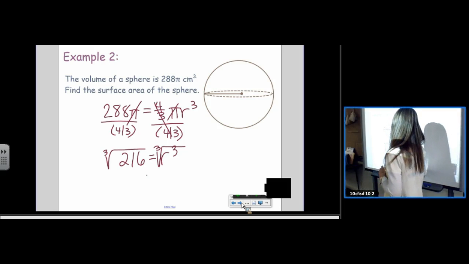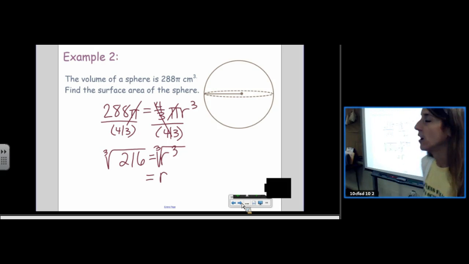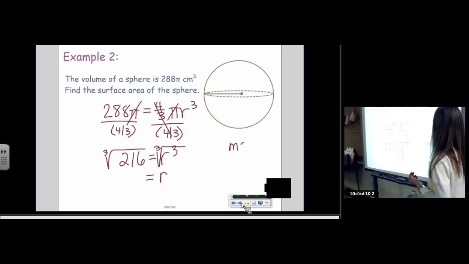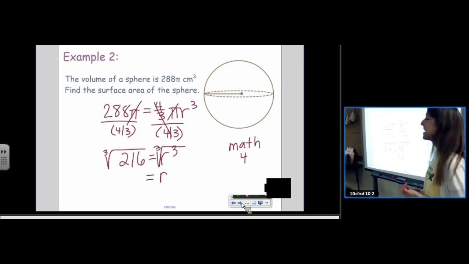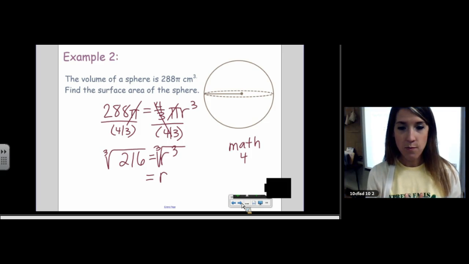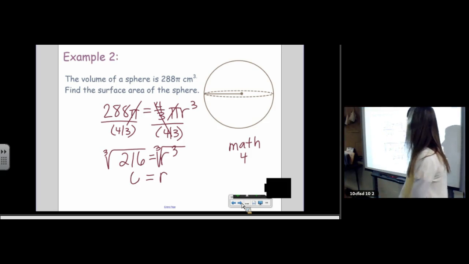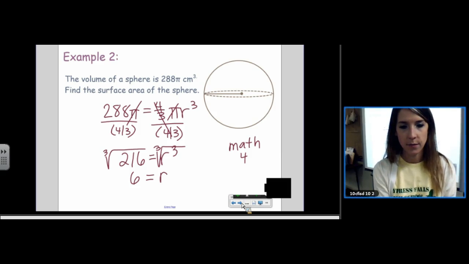So, r equals, where is cube root on your graphing calculator? Press math. 4 is hidden inside the math menu. Math 4. See it? Cube root of 216 is 6.